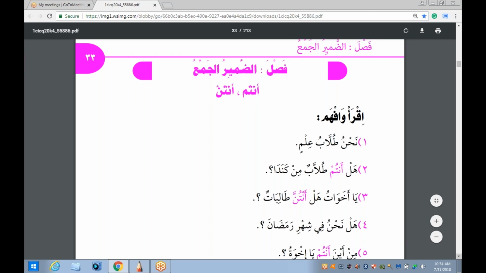It's a plural for sister. So one is ukhtun. The masculine is akh. Ukhtun, akhawatun. The alif wa ta is a sign of what? That something is a jama' and it's feminine. That is plural and it's feminine.